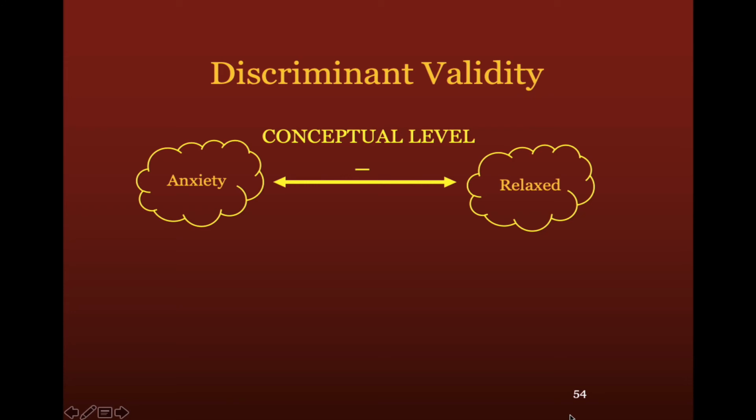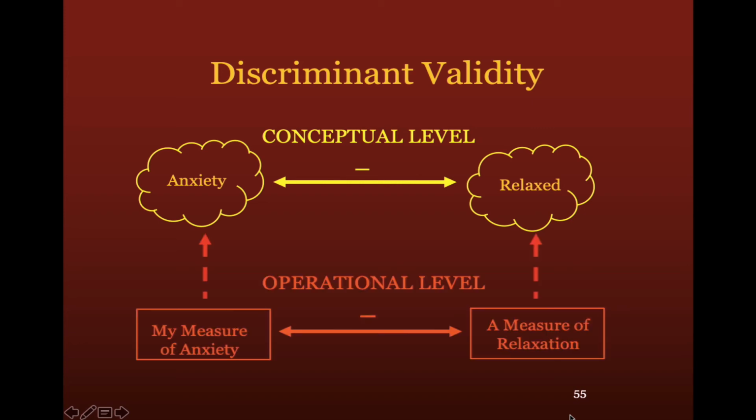So to give you a visual, we know that on a conceptual level, anxiety is negatively correlated with being relaxed. So then we use our measure of anxiety, and also give people a measure that taps into relaxation, with the idea being that when we give them both types of measures, they should be negatively correlated because conceptually they're negatively correlated. So when we actually measure them with our measure of anxiety and this established measure of relaxation, they should be negatively correlated.